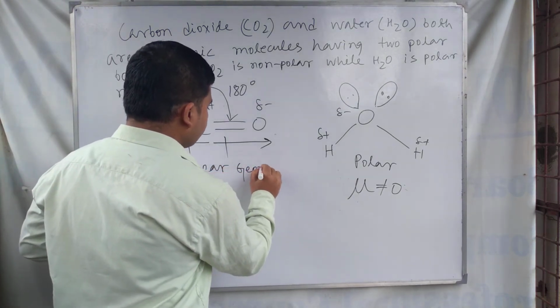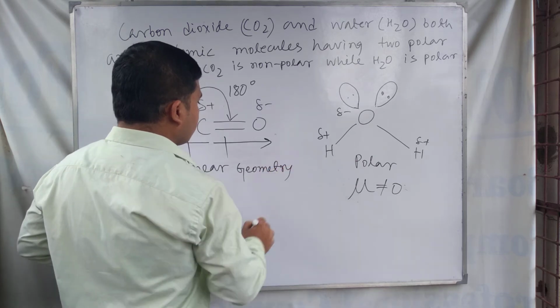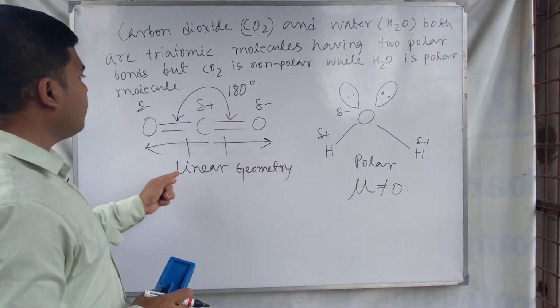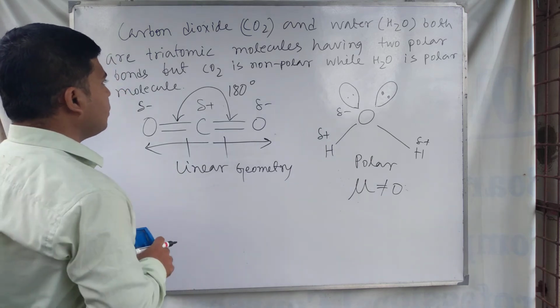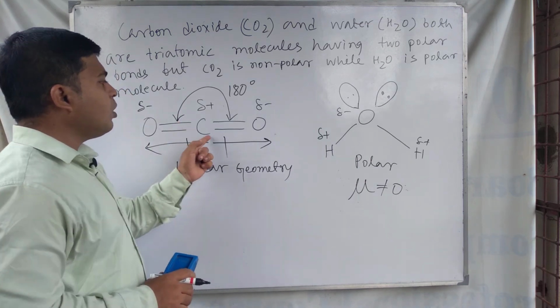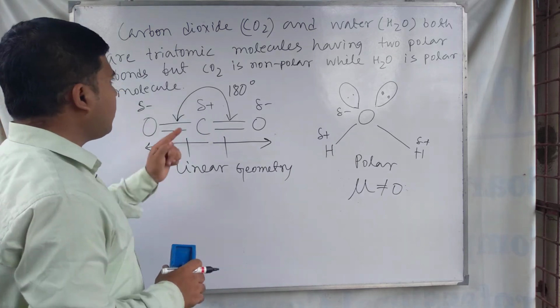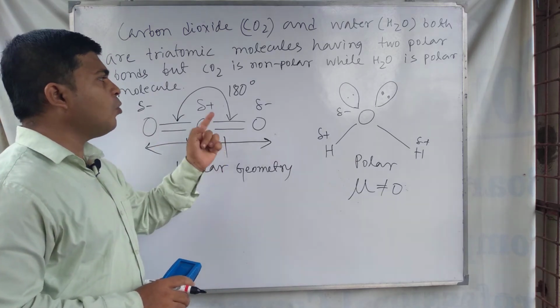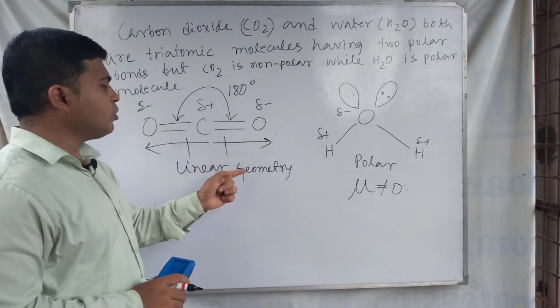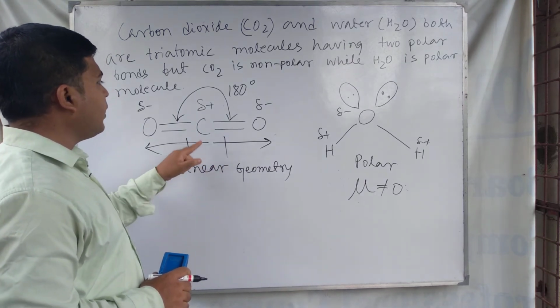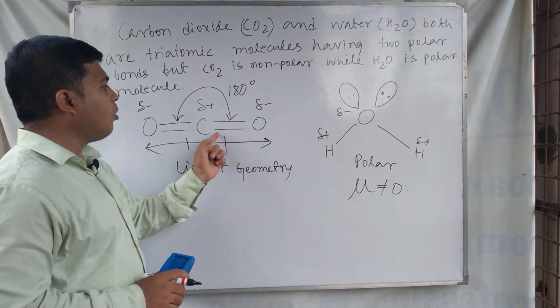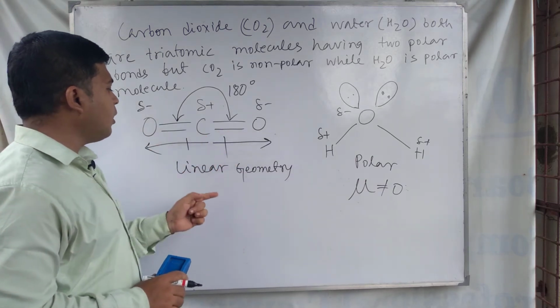Due to the linear geometry, and since dipole moment is a vector quantity, this molecule has zero dipole moment, and for this reason the molecule has overall no polarity. The molecule overall has no polarity, but the individual carbon-oxygen bonds are polar in nature.